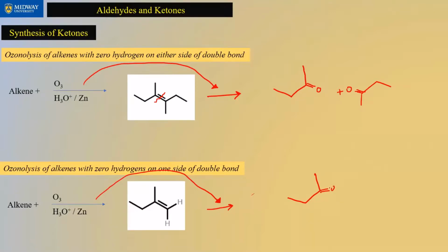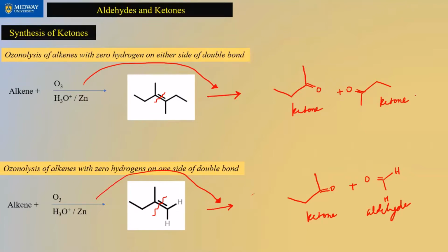So we break it right here, right? We're adding a double bond over here, plus we're adding a double bond over here. So this is the only case where we produce a ketone and an aldehyde. Similarly, here we produced a ketone and a ketone.